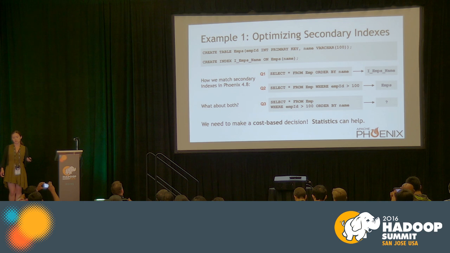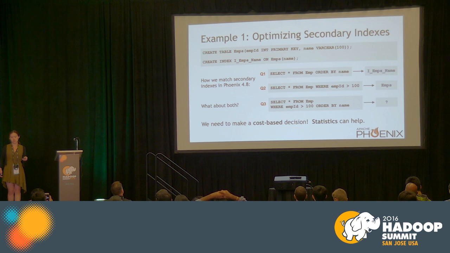In this example, we have the data table called employees, which has the employee ID as the primary key, and also an index table, which is indexed on the employee names. The first query is select from employees order by name, and apparently it should use the index table to avoid sorting on the names.